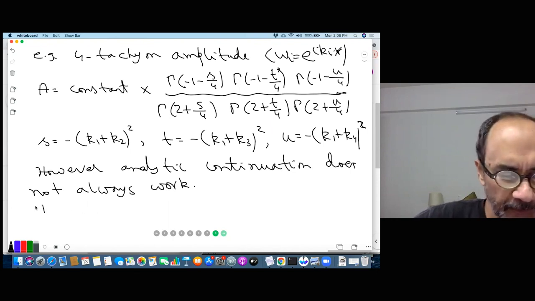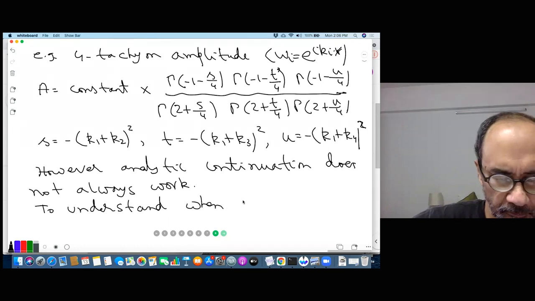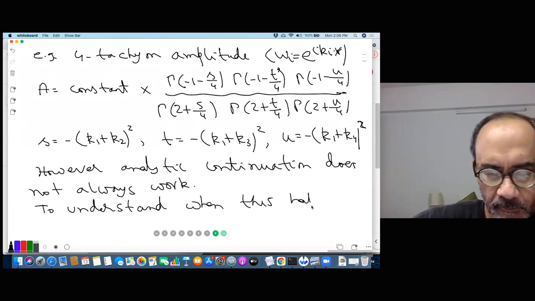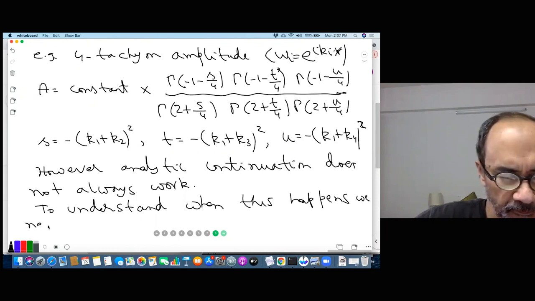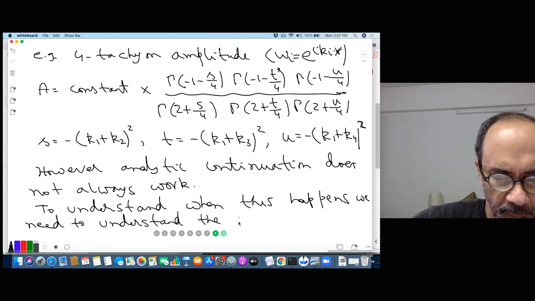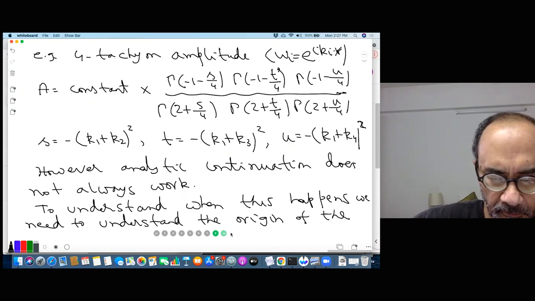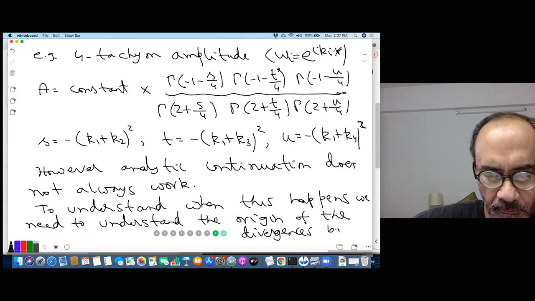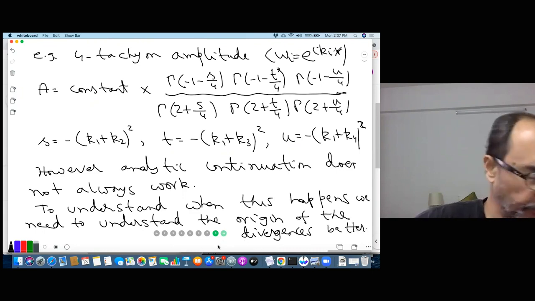And to understand when this happens, we need to understand the origin of the divergences better. Okay, and this is what I'll try to do now.